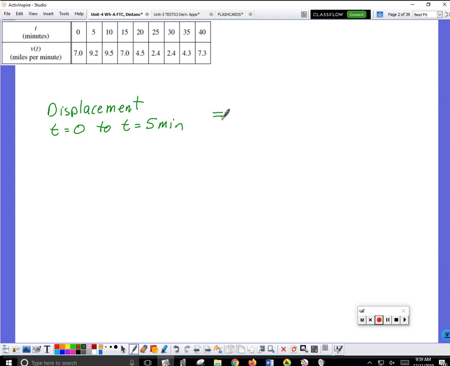Using only the data in the table and assuming that for the first 5 minutes the velocity of the plane is always 7 miles per minute, what is the displacement of the plane for the first 5 minutes? Hands, come on. Talk to each other, it's fine.